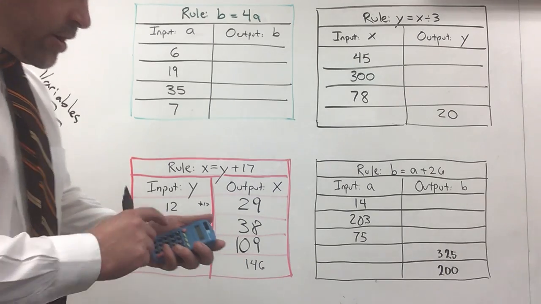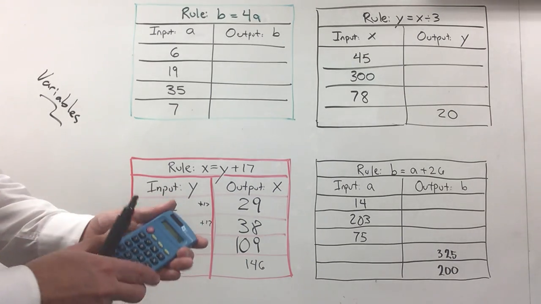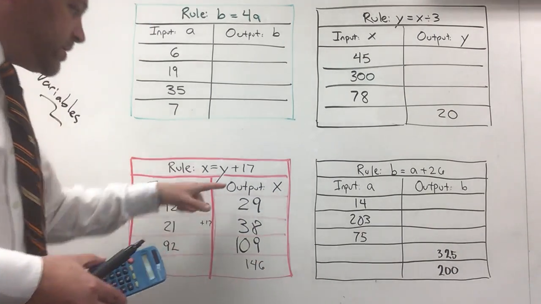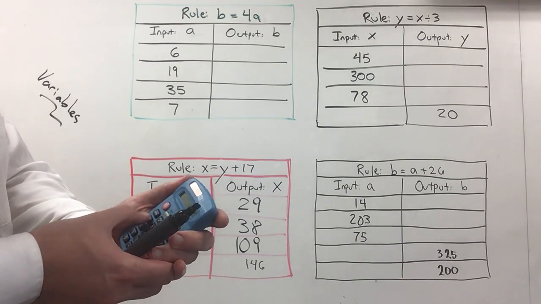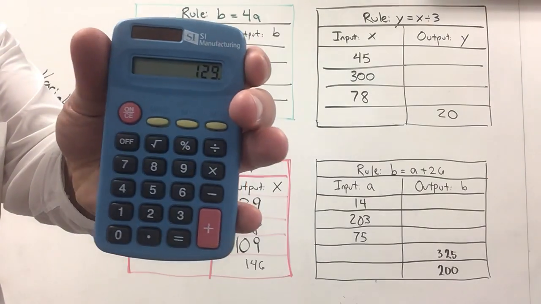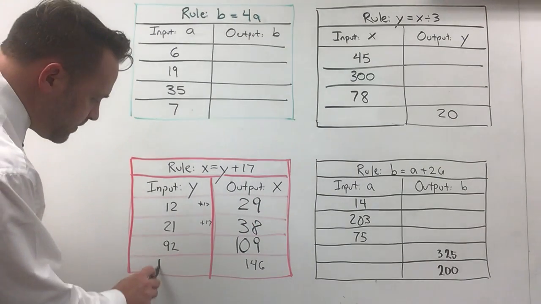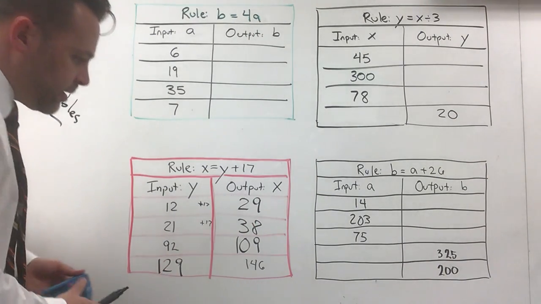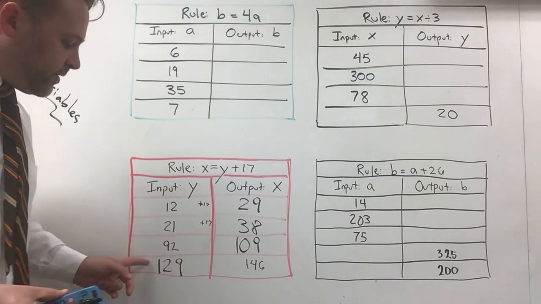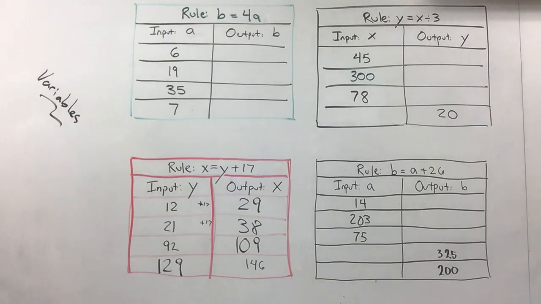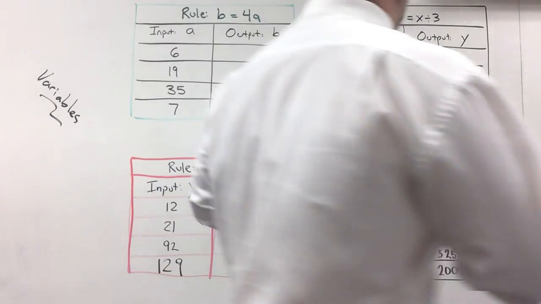Can we take this number, 146, and since we're going backwards, let's do the opposite. Not plus 17, let's minus 17. 129. So if it ever gives you the output, just do the opposite so you can get back to what you started, okay?